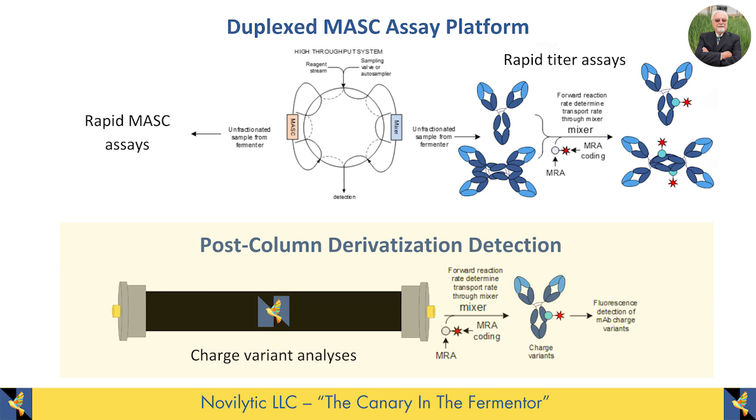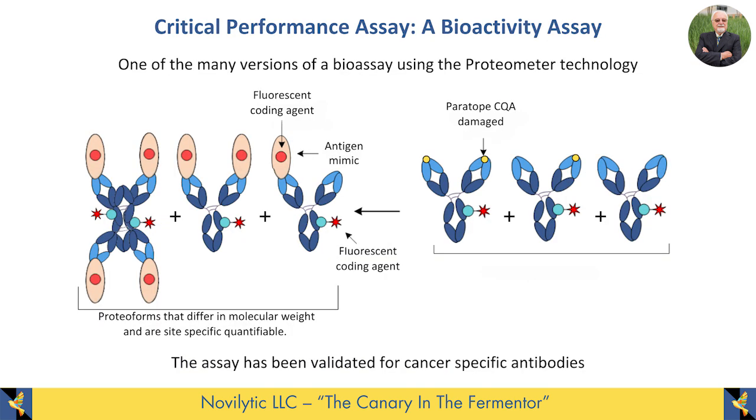So there are 2 or 3 ways to use this technology, but the actual mechanism by which it works is the same. So there's yet another question that you have.